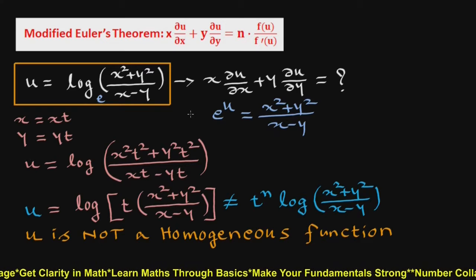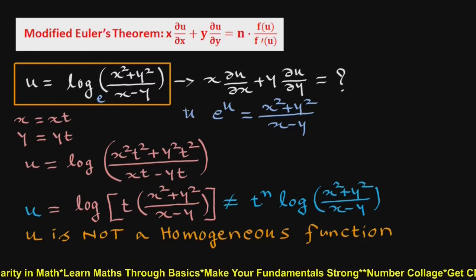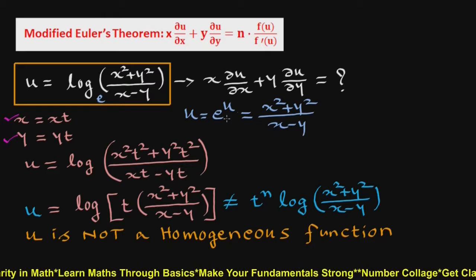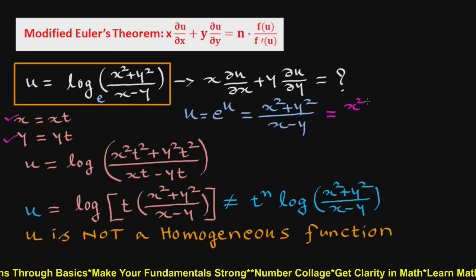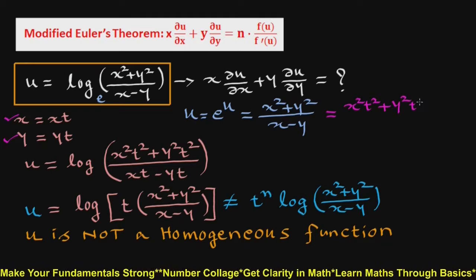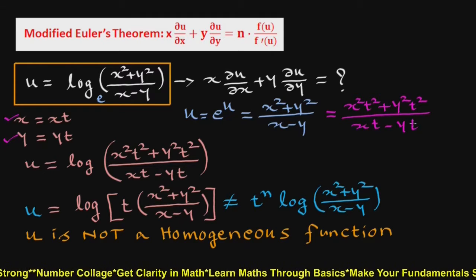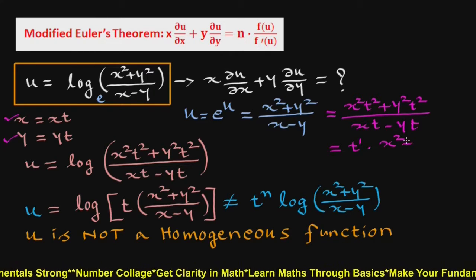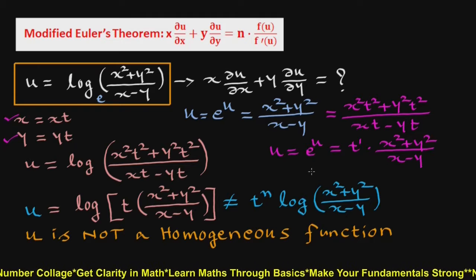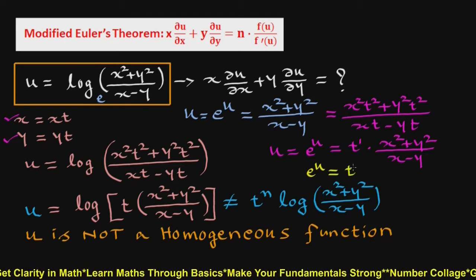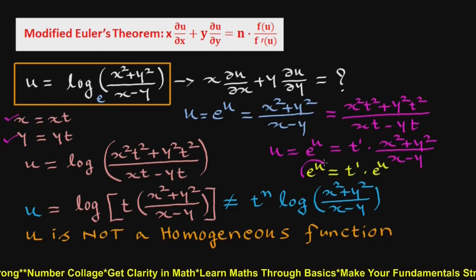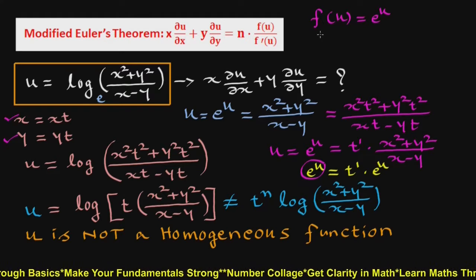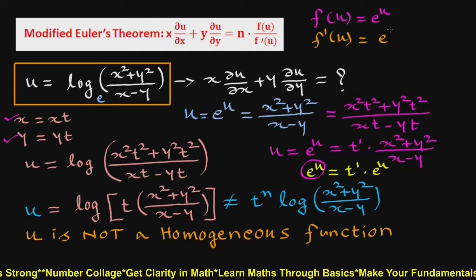Now here, if we name e raised to u as u and put x equals xt and y equals yt, then e raised to u becomes (x square t square plus y square t square) upon (xt minus yt), which will become t raised to 1 times (x square plus y square) upon (x minus y). Since here e raised to u is t raised to 1 times e raised to u, it is a homogeneous function f(u), and f dash u will become e raised to u.